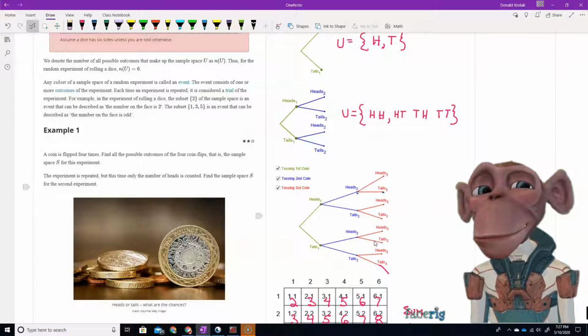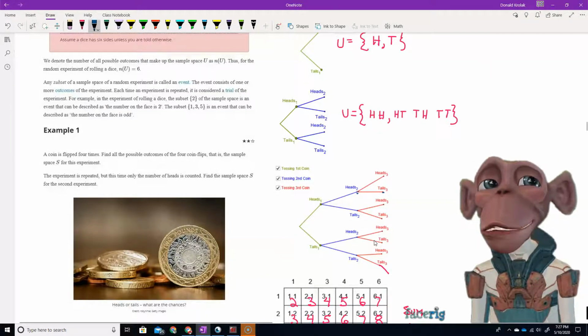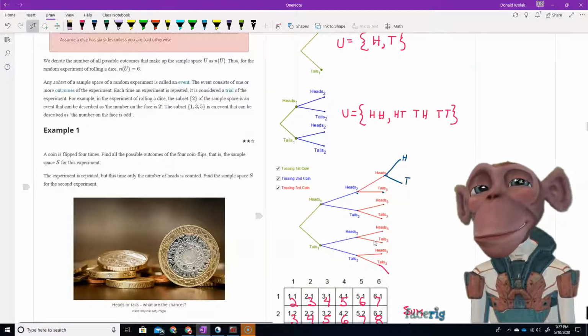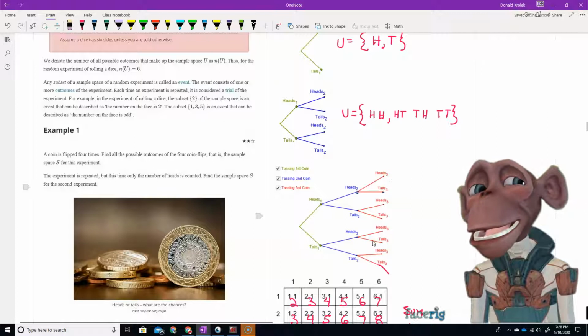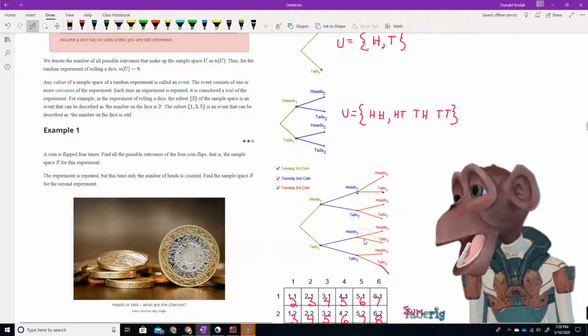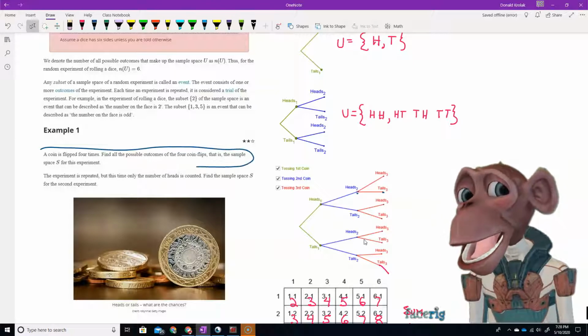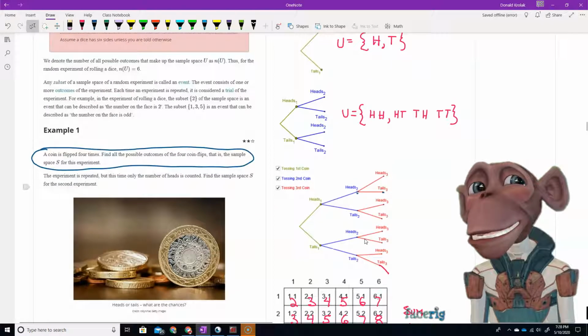If we wanted to get the sample space for flipping 4 coins, then we just continue on with our tree diagram and add a heads and a tails to each one of these nodes where it ends there. So the first thing said a coin is flipped 4 times. What's the sample space S for this experiment?